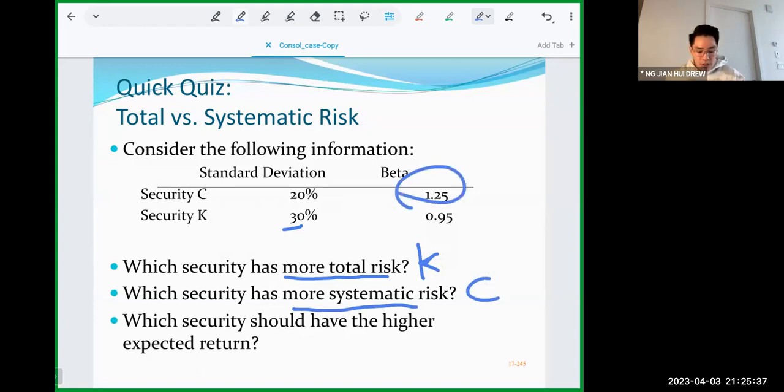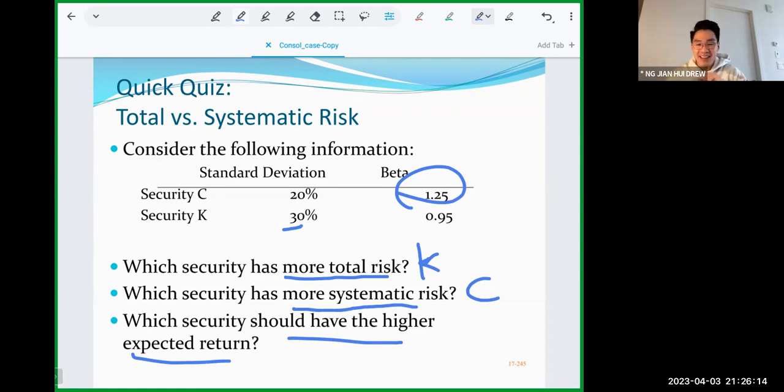Now, which security should have higher expected returns? Okay, hopefully. So I see K.